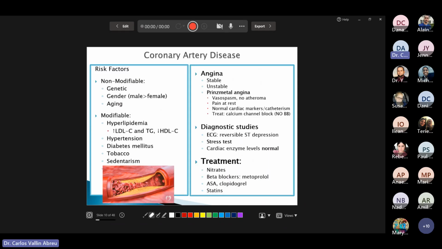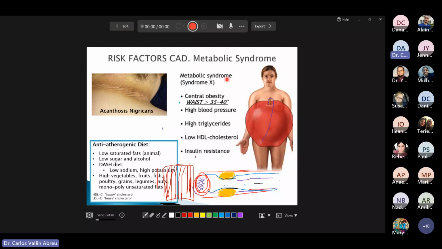So, summarizing all this stuff that we have been commenting on, we have risk factors that can be modifiable or non-modifiable. You know what they are, and they are summarized in metabolic syndrome. Oh, I forgot. Don't forget that metabolic syndrome has a physical finding in the skin, which is acanthosis nigricans.